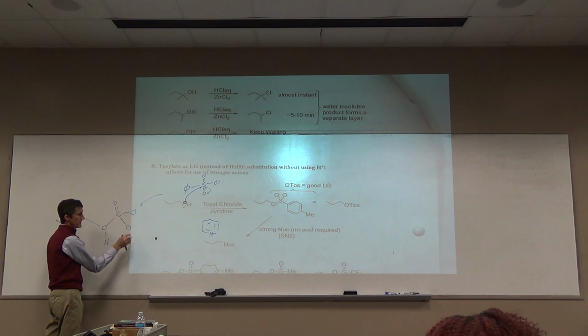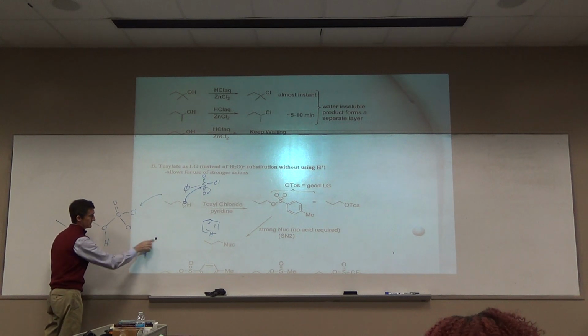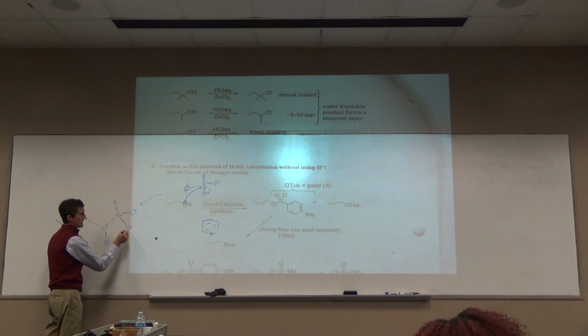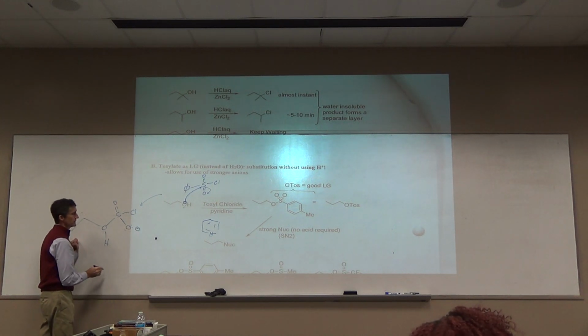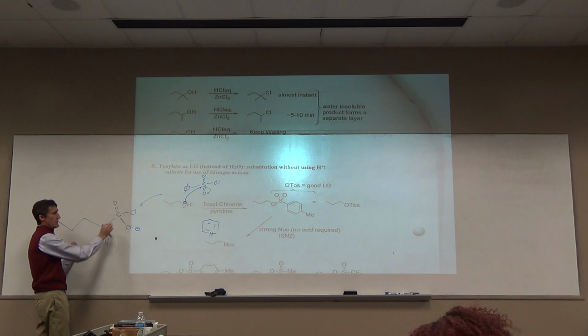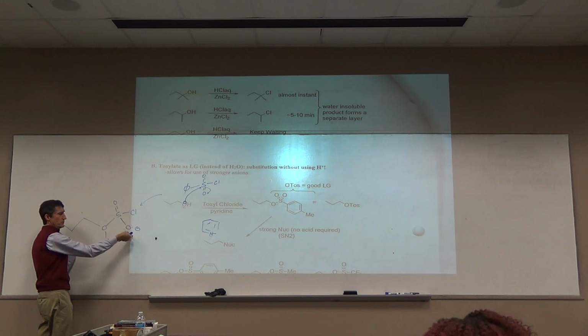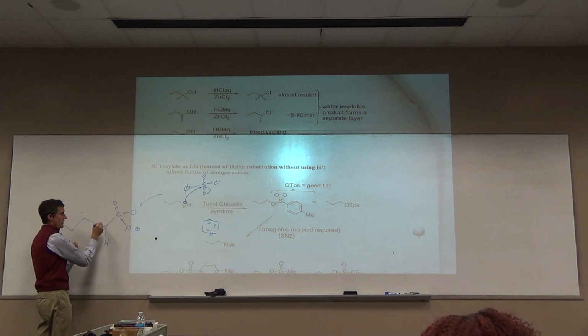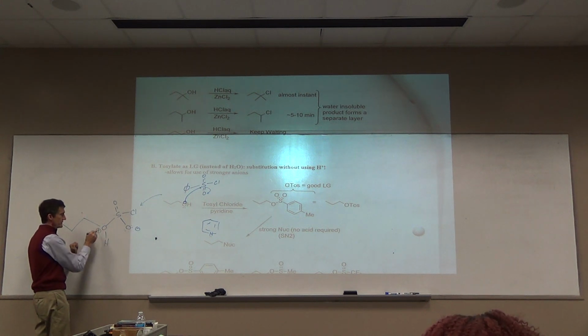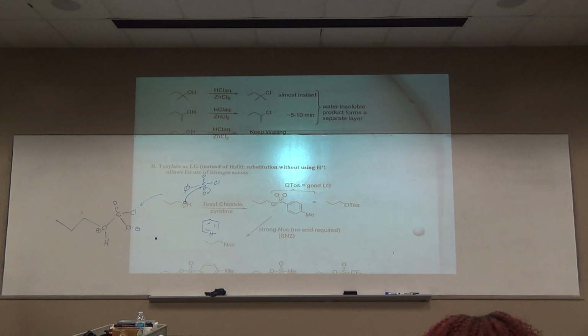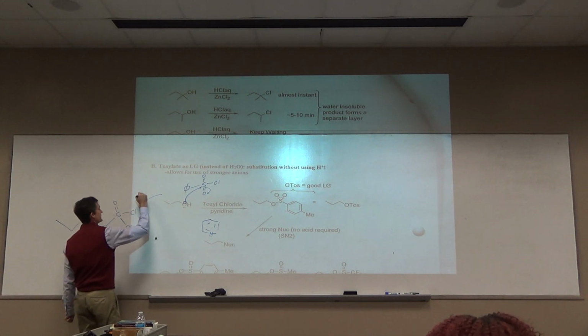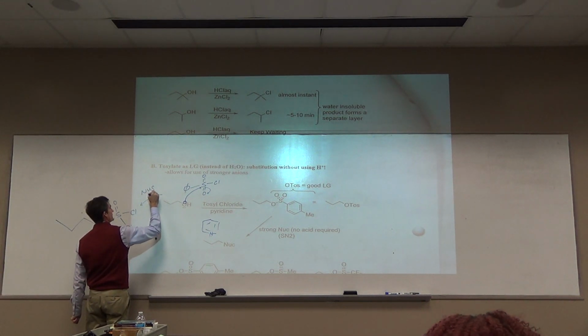Electrons move on to oxygen. How many lone pairs on this oxygen now? 3. And that's a minus charge. Pi bond moved out onto oxygen as a lone pair. 1 lone pair left here. This is a positive charge. And we just did a nucleophilic addition.